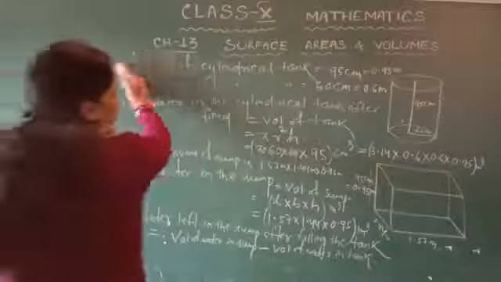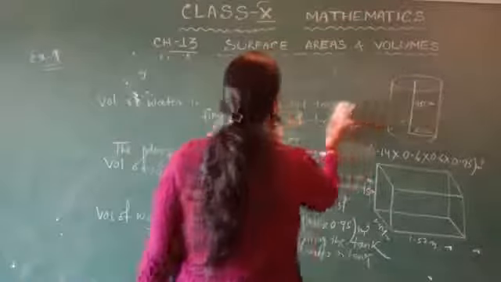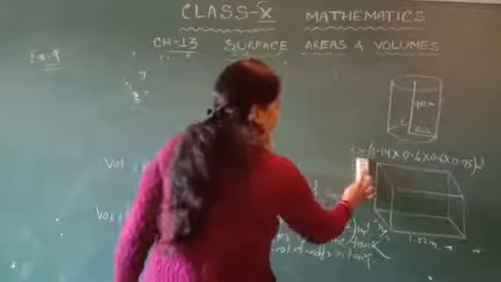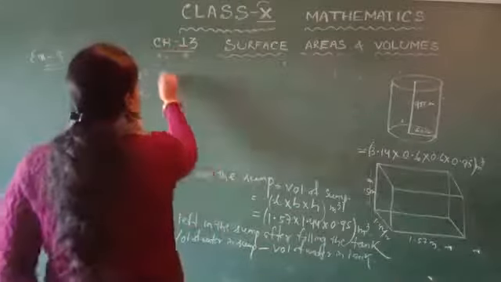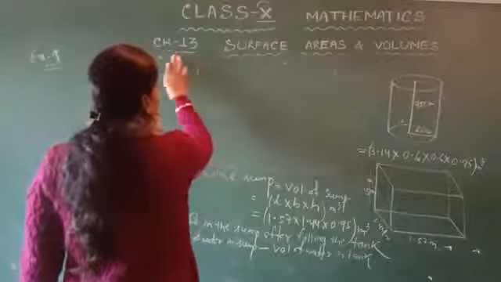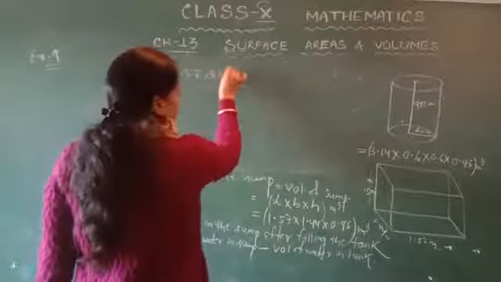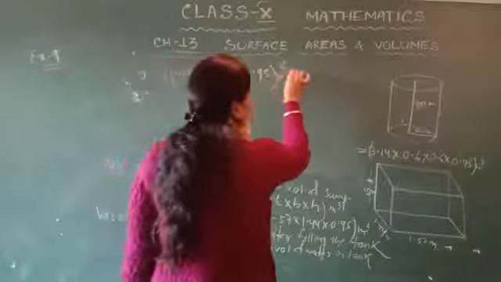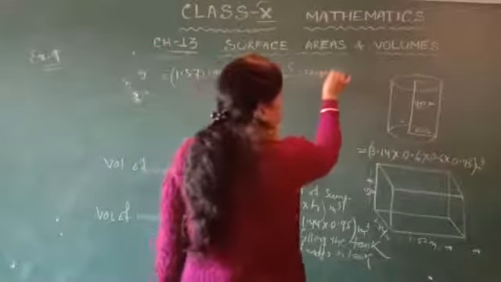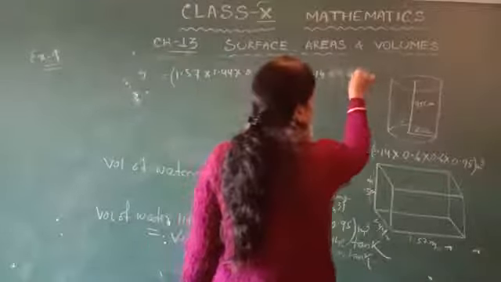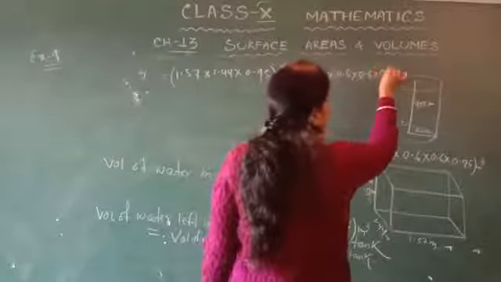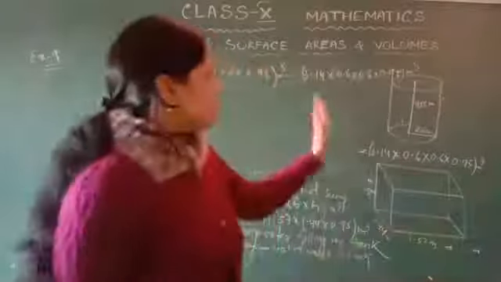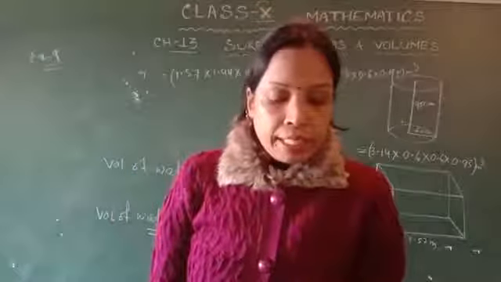So that is 1.57 into 1.44 into 0.95 meter cube minus 3.14 into 0.6 into 0.6 into 0.95 meter cube. This is the water left inside the sump.